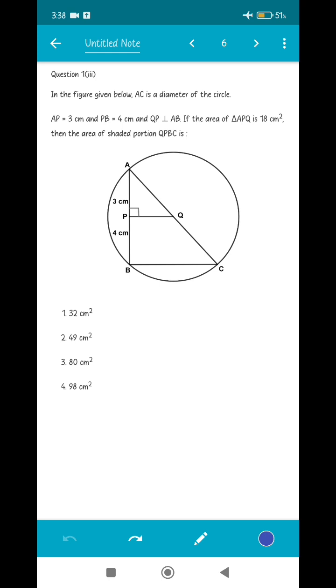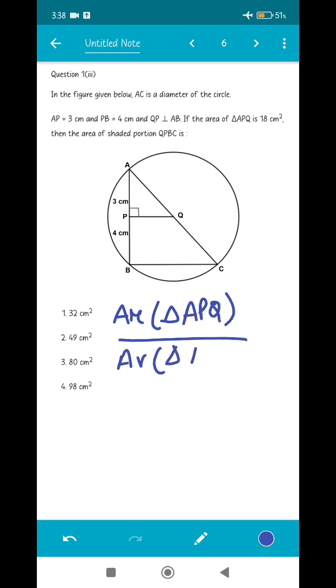Now if I use the formula which I said previously, the area of triangle APQ divided by the area of triangle ABC can be written as AP square, the square of the corresponding sides, divided by AB square. Make sure you are taking the entire side of the triangle. Many people would make a mistake and only consider PB, so that's wrong.